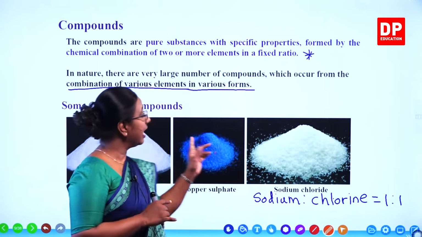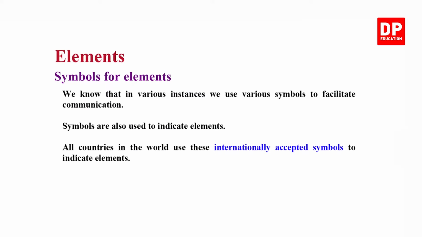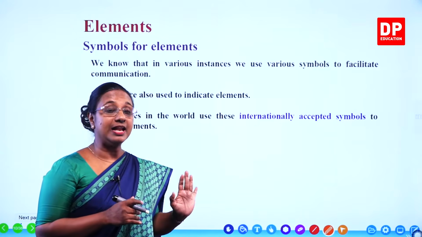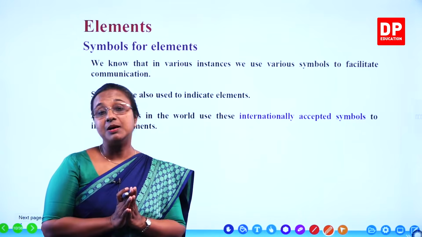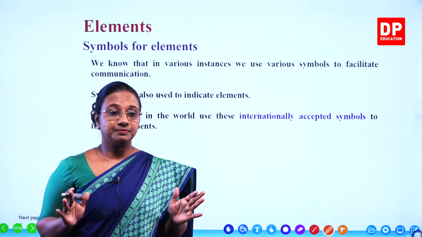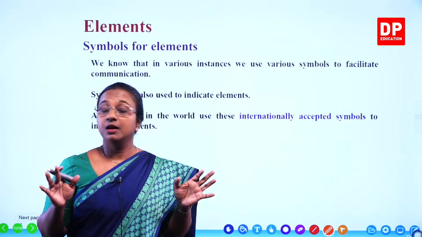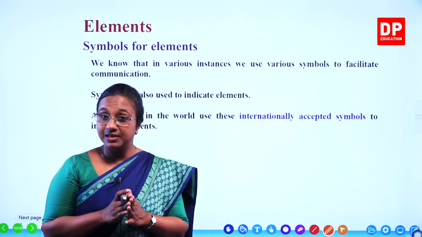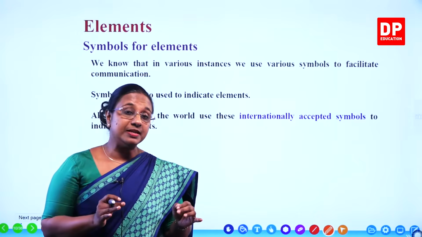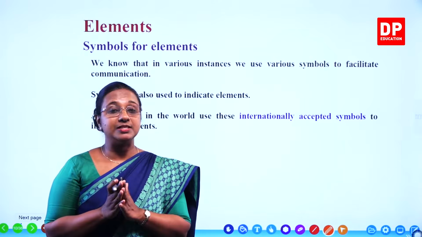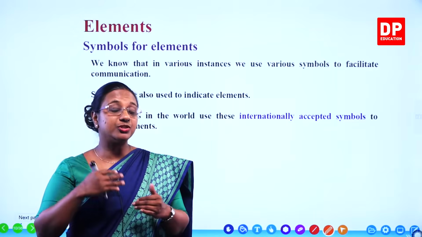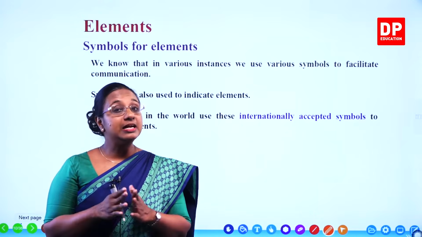So, with that, I will move on to the next slide where we again look at elements, and under this we will try to understand how we give symbols to elements. Now, if you take all the places around the world, you all know we use different languages. So, for elements, if we use different languages, it will be very difficult in the world of science for scientists to compare, understand and learn about elements.